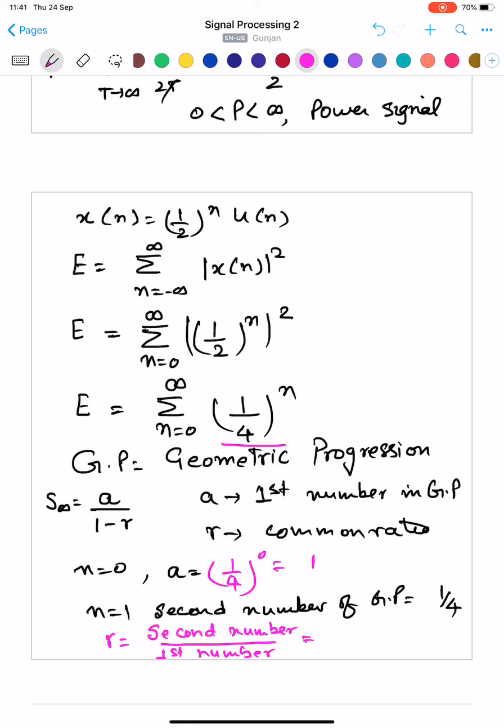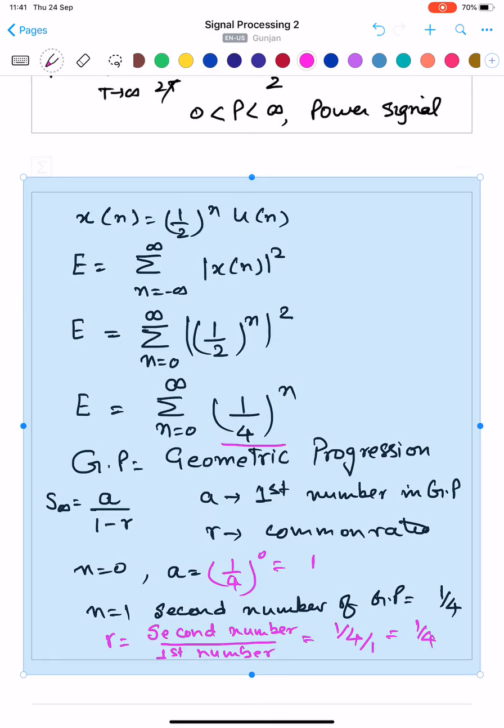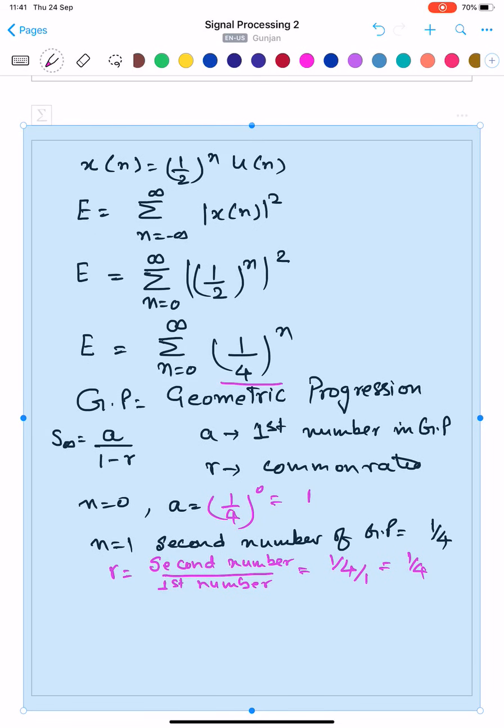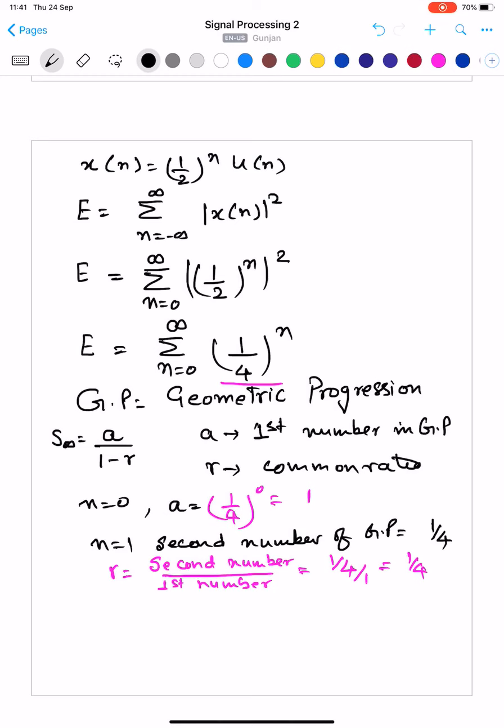In this case it will be 1 by 4 divided by 1, equals 1 by 4. So now E will be equal to a upon 1 minus r, which is 1 upon 1 minus 1 by 4.